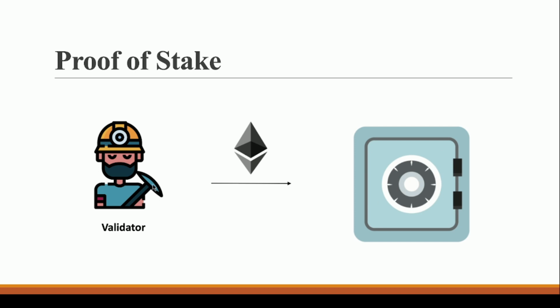The ether that he has staked will be returned back to him. Let's say he has staked 2 ether, just for example. So this 2 ether will be returned back to him, as well as he will get some commission for mining the Ethereum blockchain. This is how the validators make profit by this transaction fee.